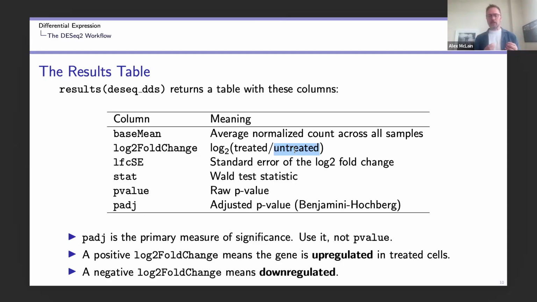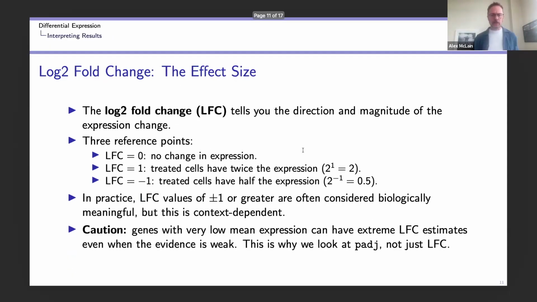If this denominator, say, is 0.001, this whole log2 fold change is going to be a lot more sensitive to small changes in that denominator part. So when we see very low mean expression levels, even if the LFC is large, we kind of want to discount it somewhat.